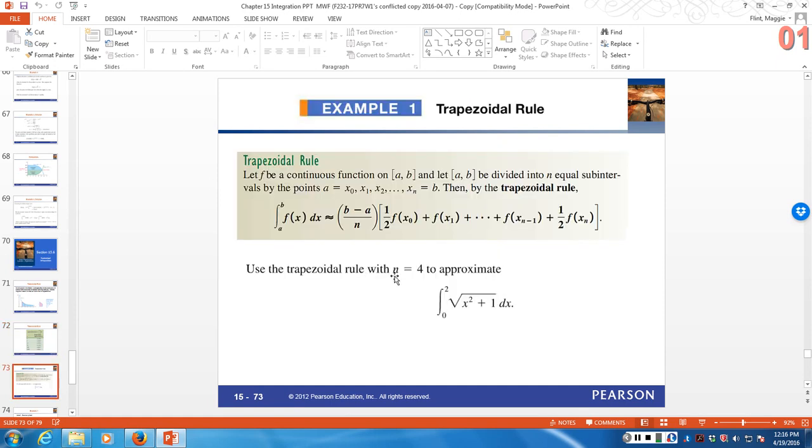So if we did the same thing with n equals 4 trapezoids, all we're going to do is graph this function from 0 to 2. We're going to divide it up into 4 short intervals, going from 0 to 2, that means 0 to 1/2, 1/2 to 1, 1 to 1.5, and 1.5 to 2.